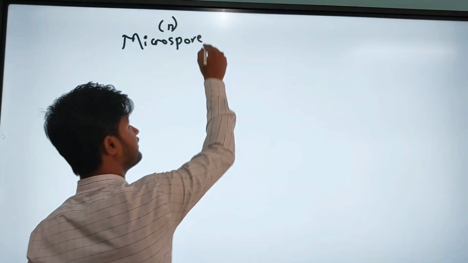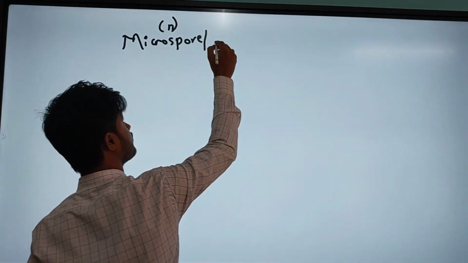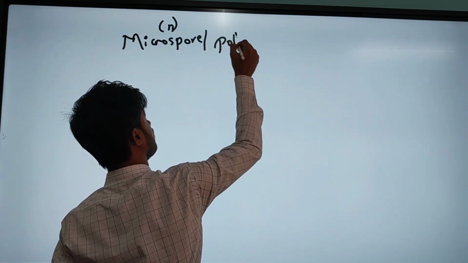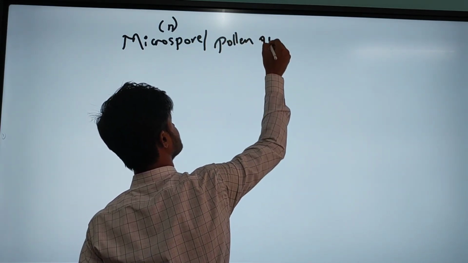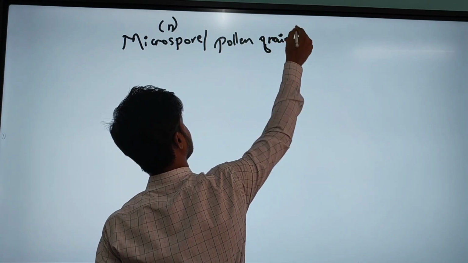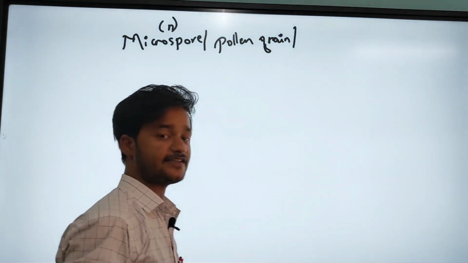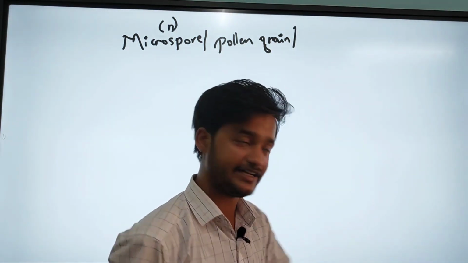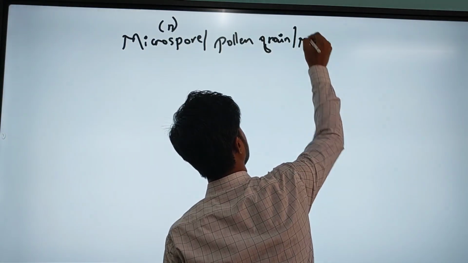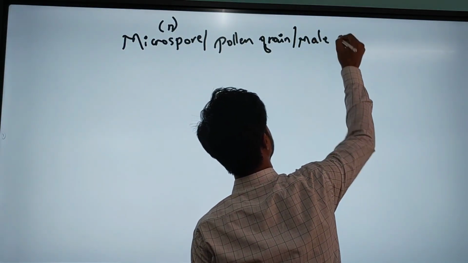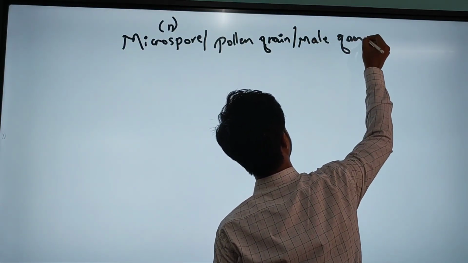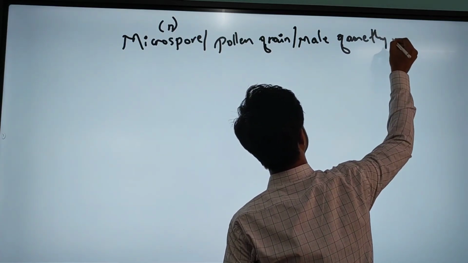Okay, what is another name for microspore? Microspores are also called pollen grains. They are commonly called pollen grains. More technically, the pollen grains are called the male gametophyte.